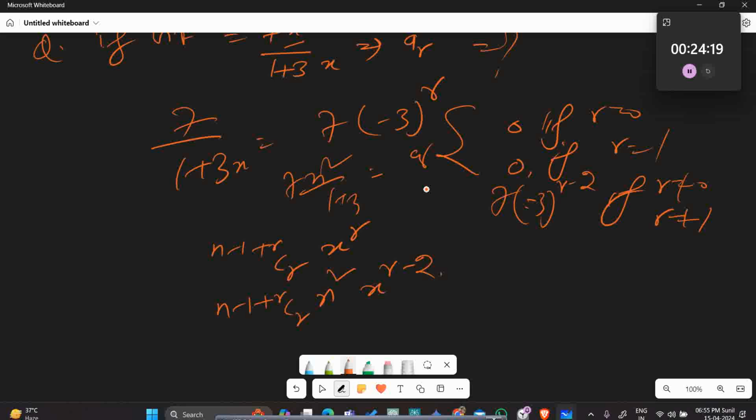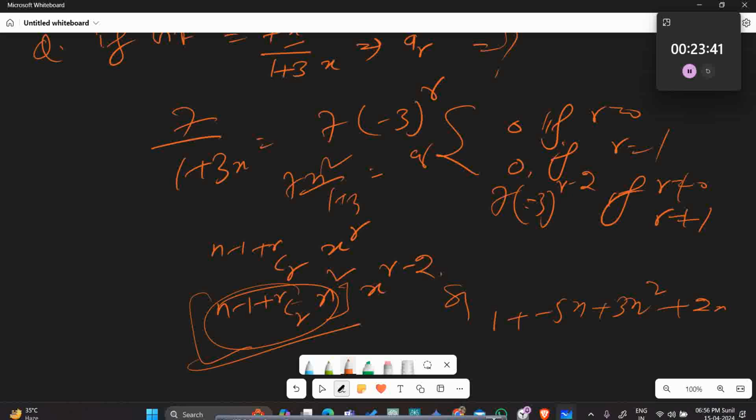If r is 0, minus 2, 1 minus 2, then 0 starting from this. So what we will do here is this square we have to keep. This is like that, then it will come like this only. The sequence is this: 1 plus minus 5x plus 3x square plus 2x cube.